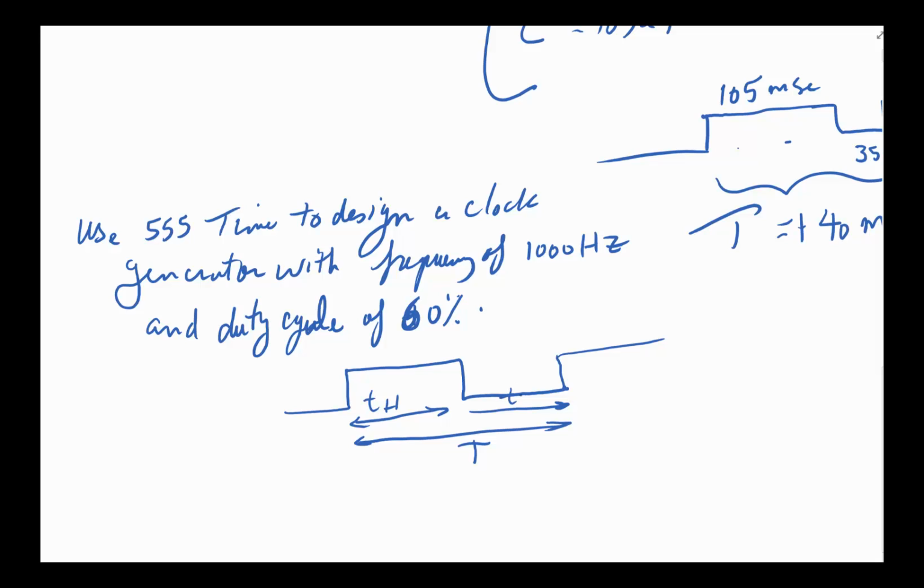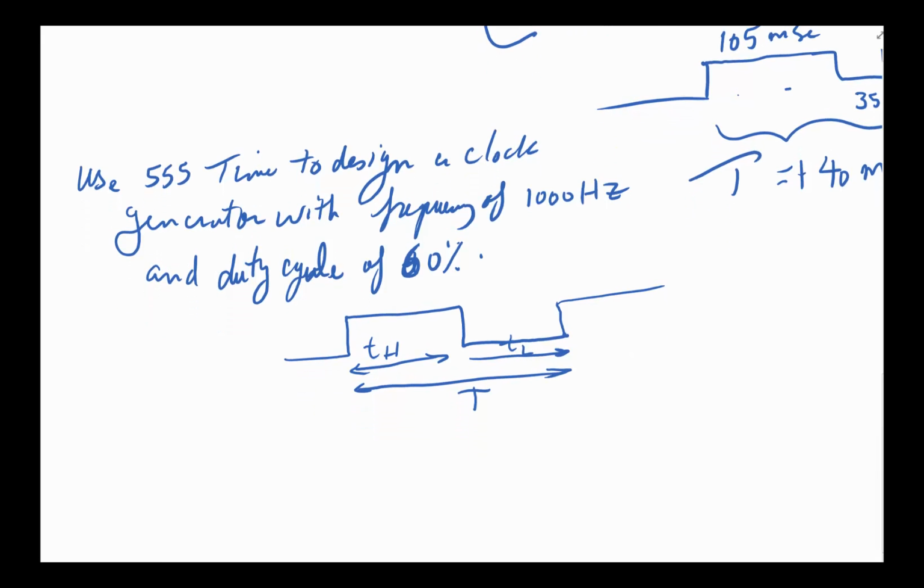That's what that means, and T low is here. So the first thing we know is that T high must be equal to 60% of the period.